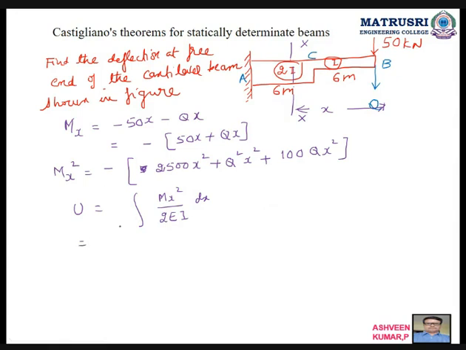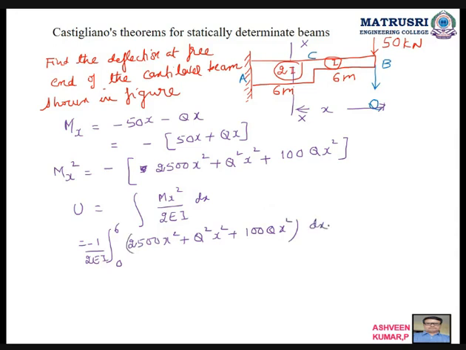So that is first 0 to 6. Same, I will write everything. 1 by 2EI, because I is 1 here. 1 by 2EI, 2500 x square plus Q square x square plus 100 Q x square dx.